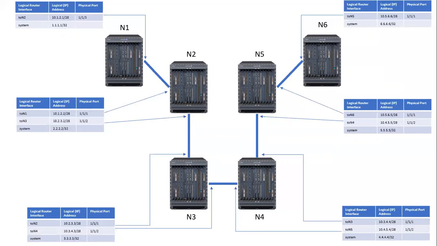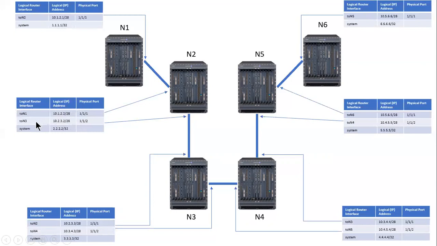Likewise, on N2, we're going to have a logical router interface called 2N1 right here. And its physical port is going to be module 1/adapter 1/port 1, and it's going to have the address 10.1.2.2/28.